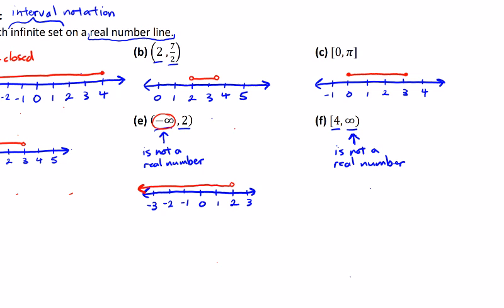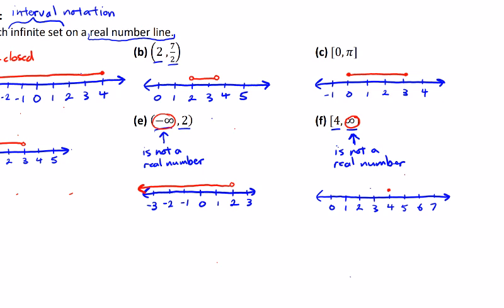So that same idea will apply for part F. Let me draw a number line, and this time I'll start over here at 0. And that should be good enough there. And I have a closed boundary at 4. So I'll put a closed circle there at 4. And the right boundary, represented by the infinity here, is, well, there is no right boundary.